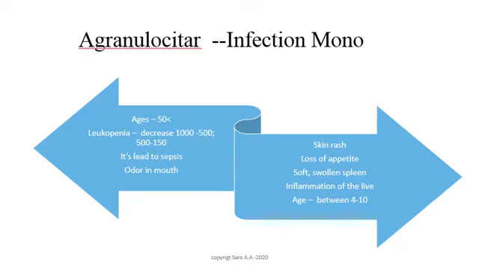During the blood test, we can see leukopenia, a decrease in leukocytes, which may drop to 500 or 150, and it may lead to sepsis and a bad odor in the mouth. In infectious mononucleosis, it is characteristic.